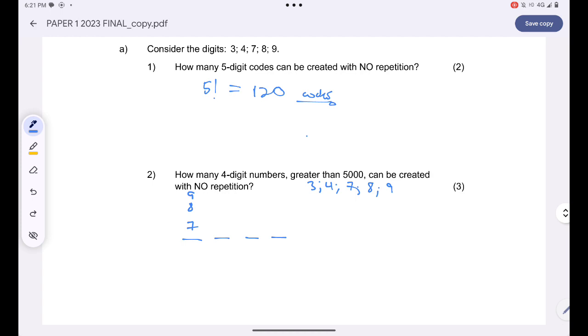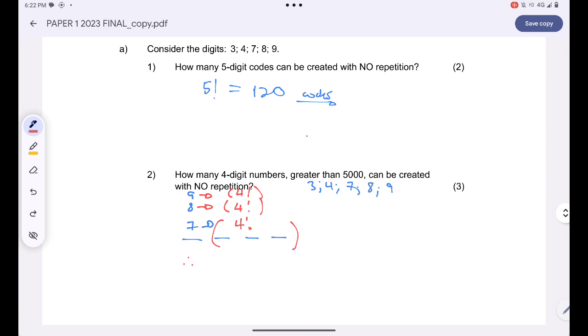Whenever I choose 7 to be there, I still have 4 numbers to choose from, so the answer will be 4 factorial if I choose to use 7. If I choose to use 8, I'll still have 4 factorial options, because I have 4 numbers to choose from to occupy the 3 spaces. And even if I use 9, I'll still have 4 factorial choices.